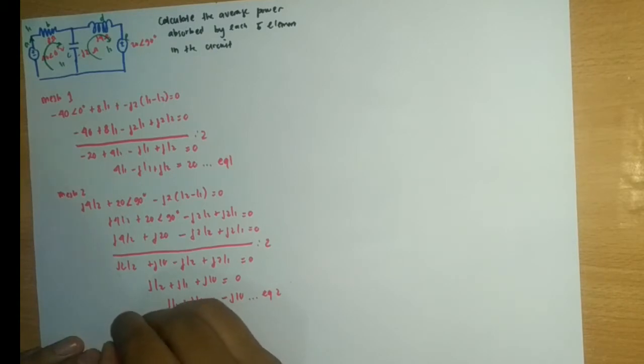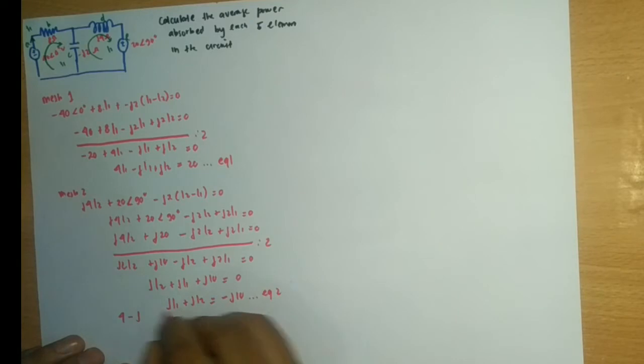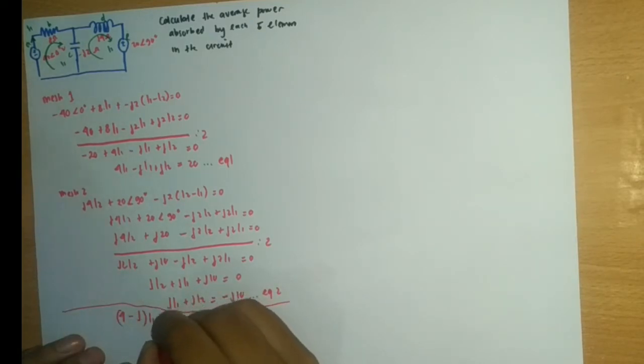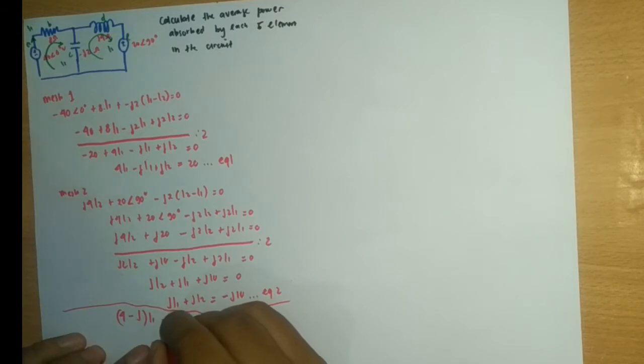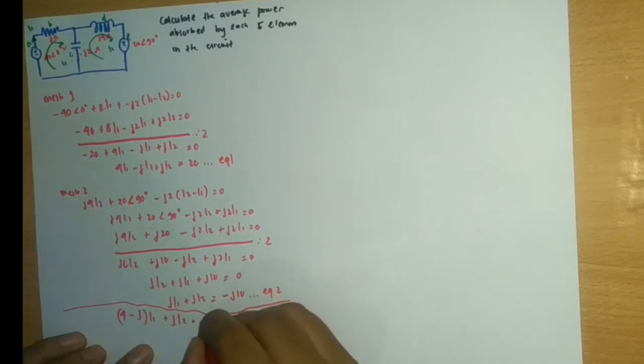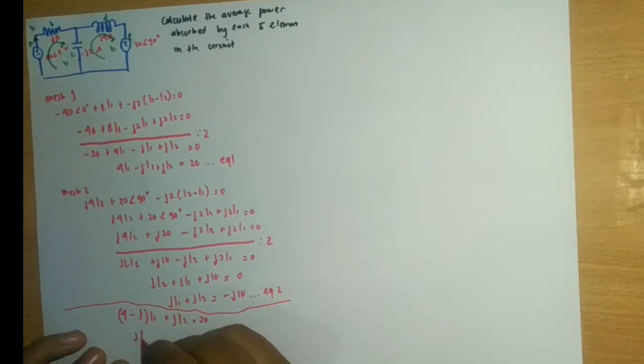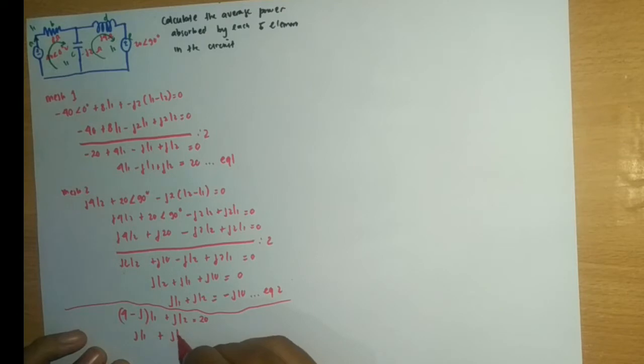There is (4 minus j) multiplied with I1 plus jI2 is equal to 20, and equation 2 is jI1 plus jI2 is equal to minus j10.